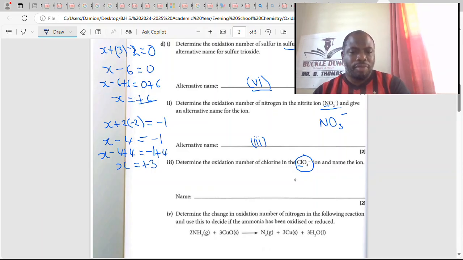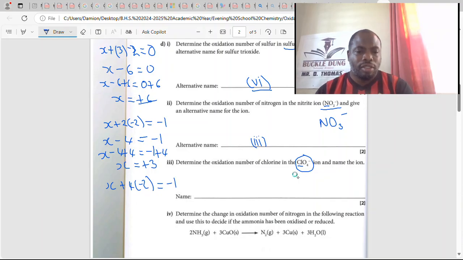So if you know a little bit of how to deduce numbers, you'd be able to do it quickly. So we know x, we call the chlorine x. We have 4, and each of them is -2. And then we said it should be equal to -1.